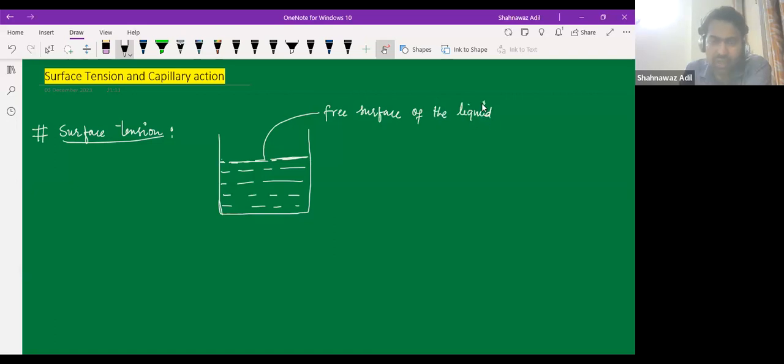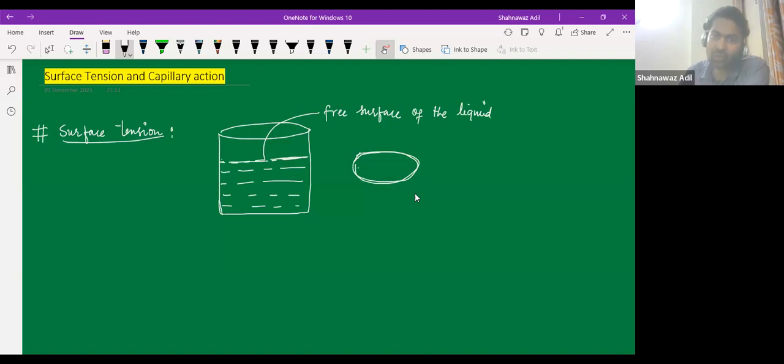Okay. So let's say we have this cylindrical glass, right? So this surface will be like this. This would be the free surface of this liquid.